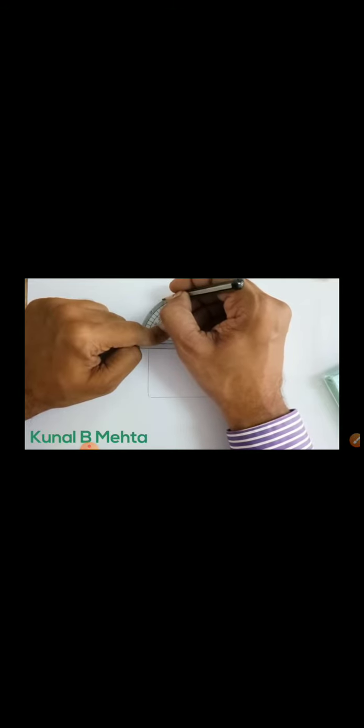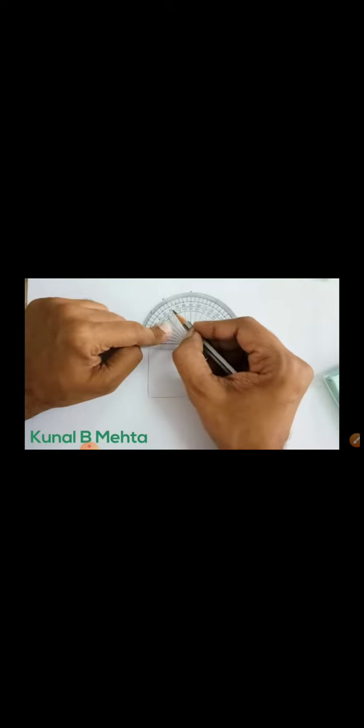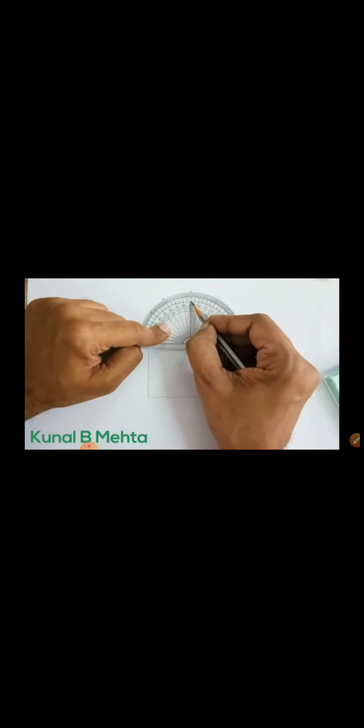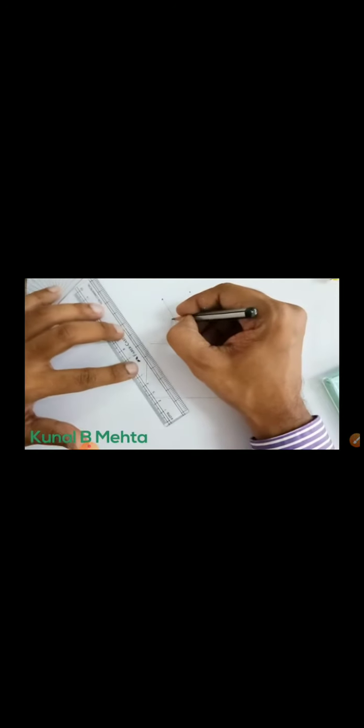So I am going to keep the angle of incidence 30 degree. Now with the scale, don't get confused, this is not 60 degree. We are measuring the angles from here, 10, 20, 30. Now I am going to remove this, and with the scale, this would be my normal, and joining these two, this is my incident ray, right?